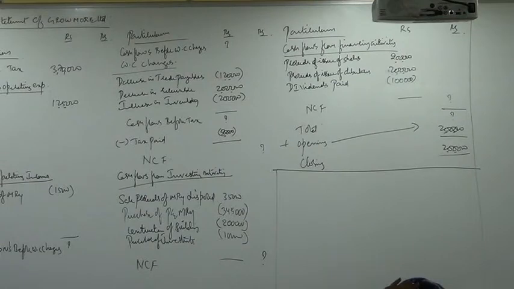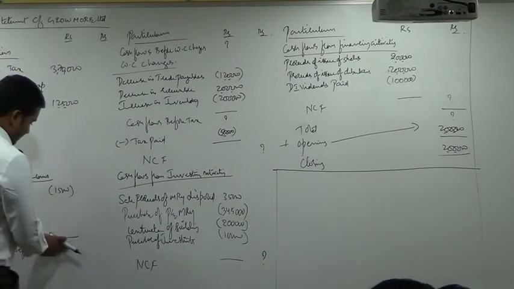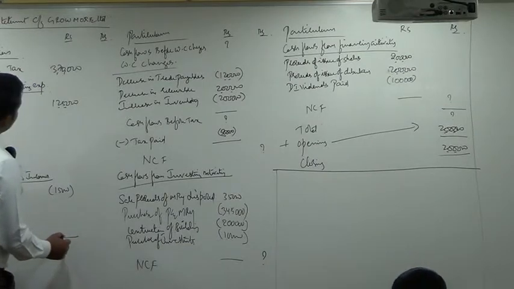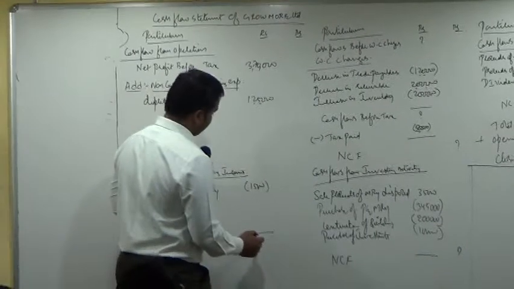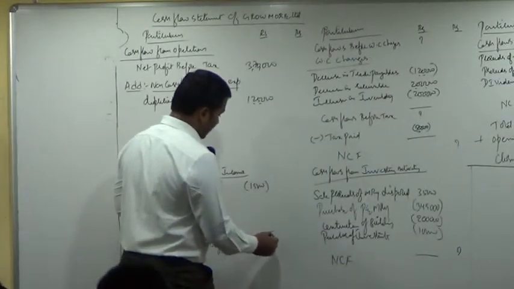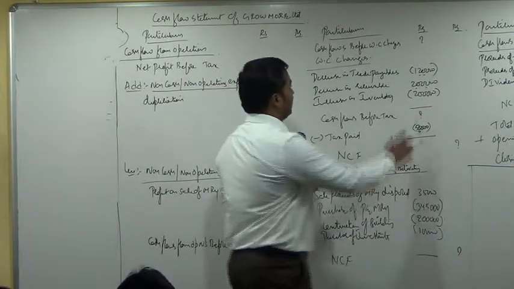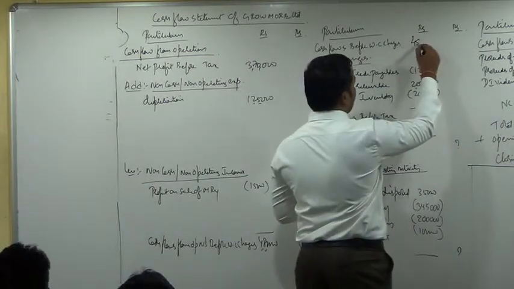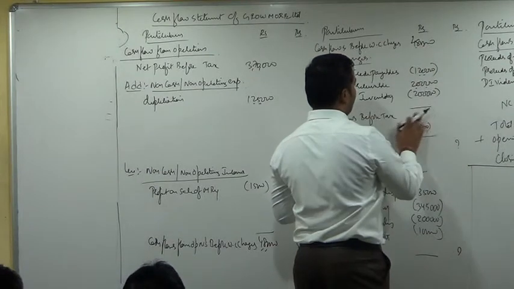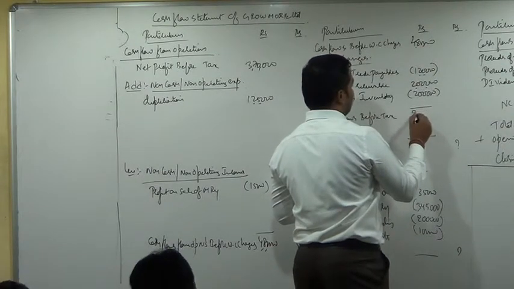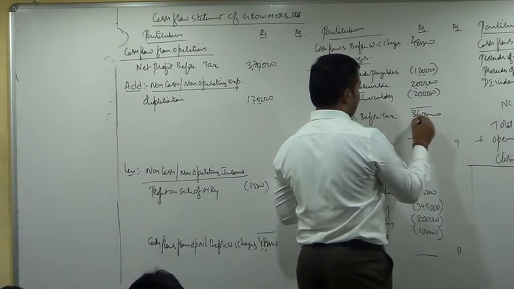Tell me the answers. Cash flows before working capital changes, 4,80,000. Before tax 3,60,000.